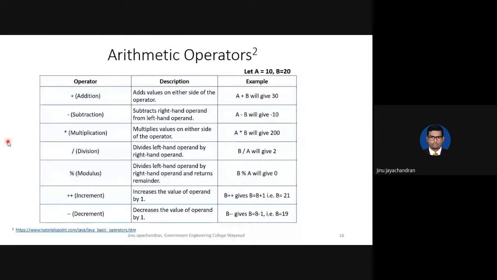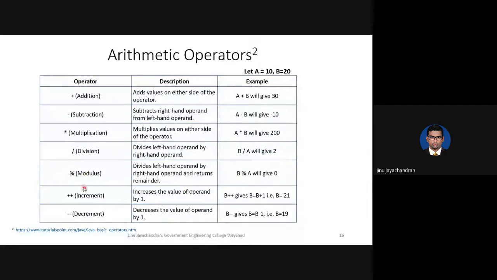So arithmetic operators are used for any kind of arithmetic or mathematical operation. For example, plus is for addition. So let's say a equal to 10, b equal to 20 initially. When you say a plus b, this will give me 30. Subtraction will give me minus 10. Multiplication is star, 200.